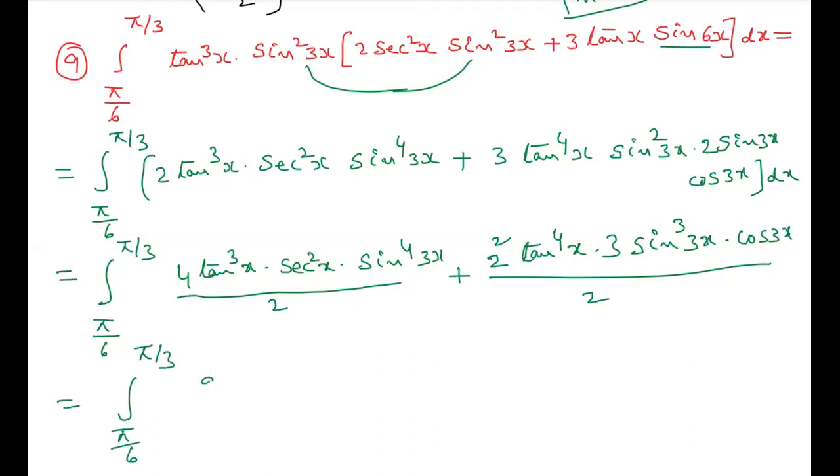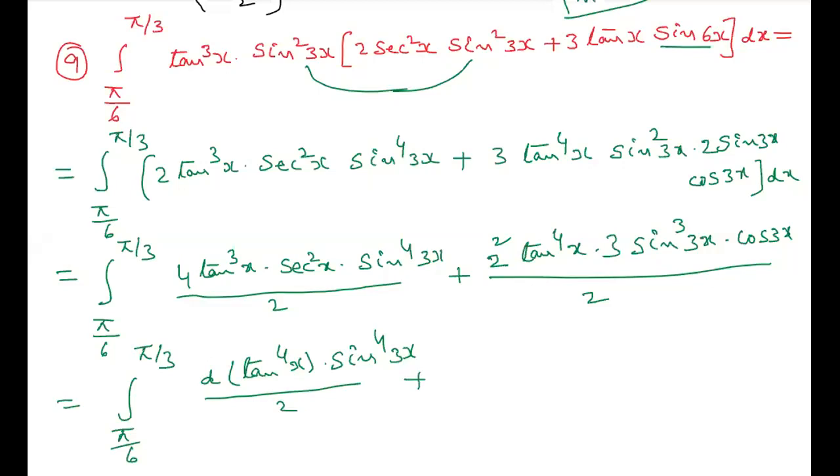We get the derivative of tan⁴x into sin⁴3x, with denominator 2, divided by 2, plus.